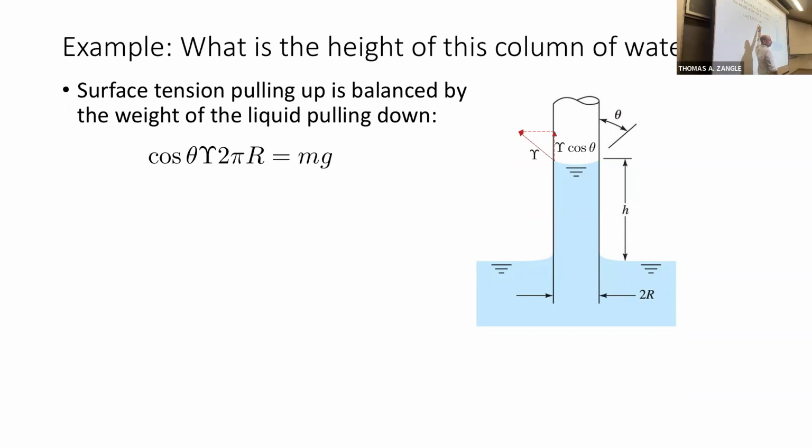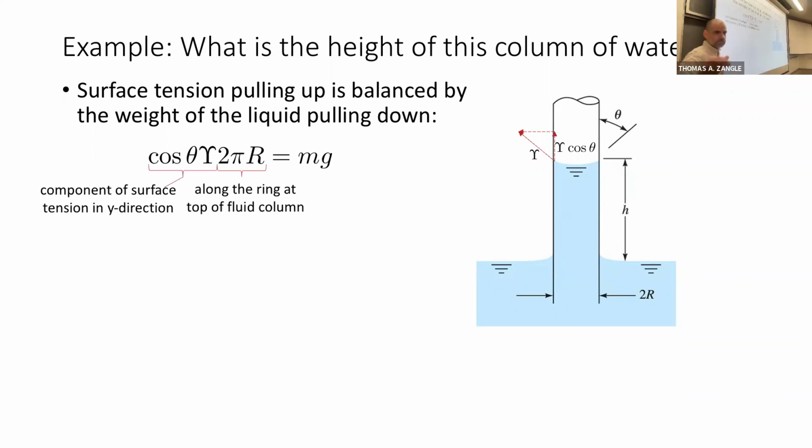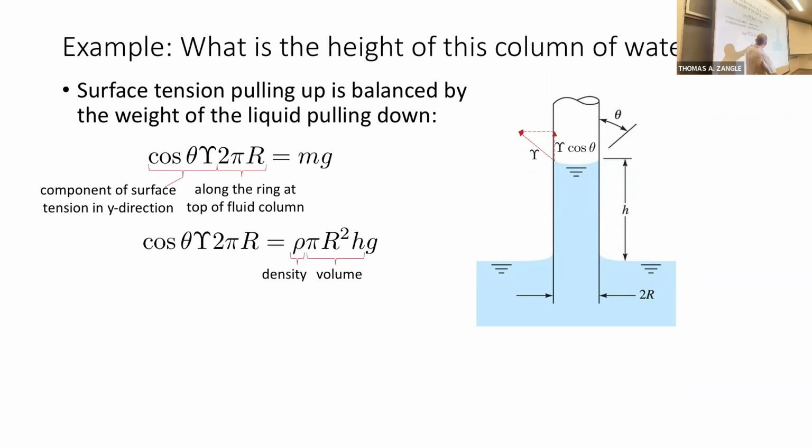It's in equilibrium, so the sum of the forces is zero. It's balanced out by the mass times gravitational acceleration. Here we're talking about the mass of this column of fluid that we're holding up. You can find that mass as the density times the volume, so density times volume, pi r squared times h.